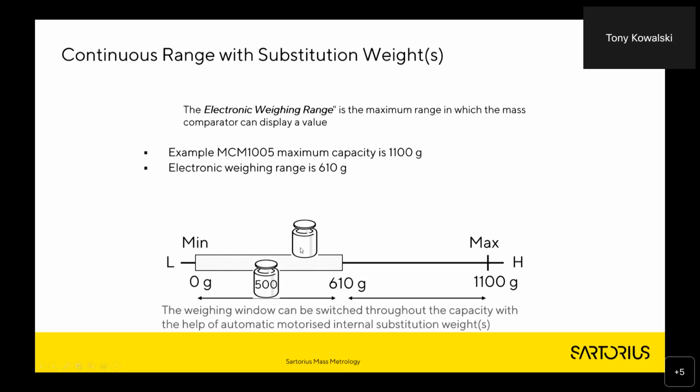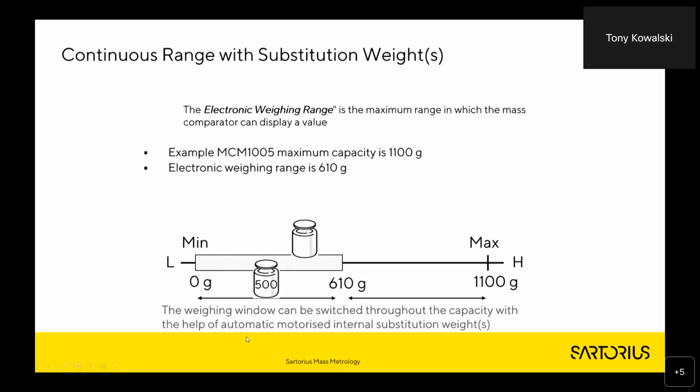So we've got our 500 gram external weight and the internal substitution weight of 500 grams. So in this first part, it's working totally electronic. So you take your A off, put your B on, and you're just working in this electronic range.